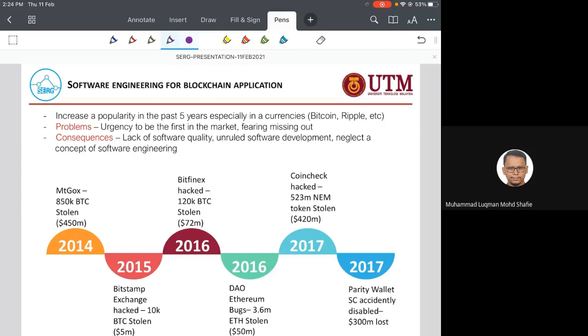So the problem actually happens at the application layer, meaning the application itself. For example, there is the increasing popularity of blockchain technology in the past 5 years, especially in currency, as currency currently dominates blockchain applications.